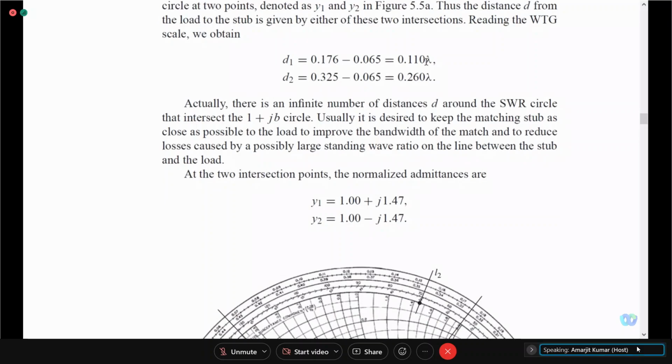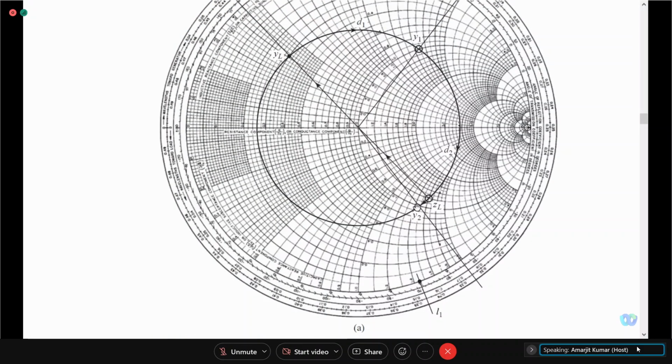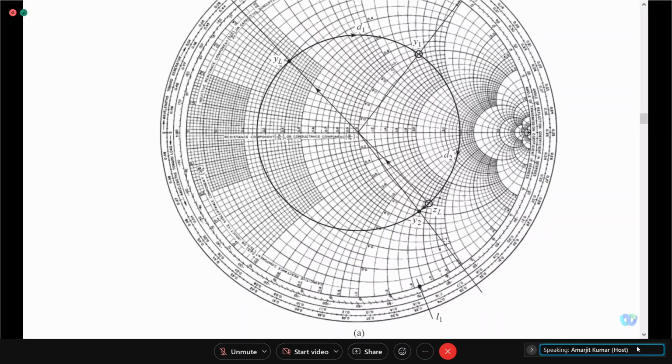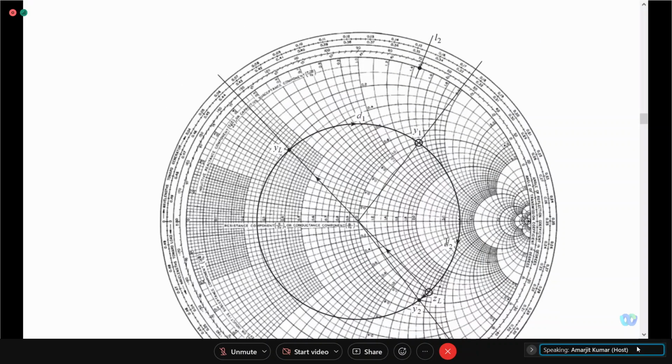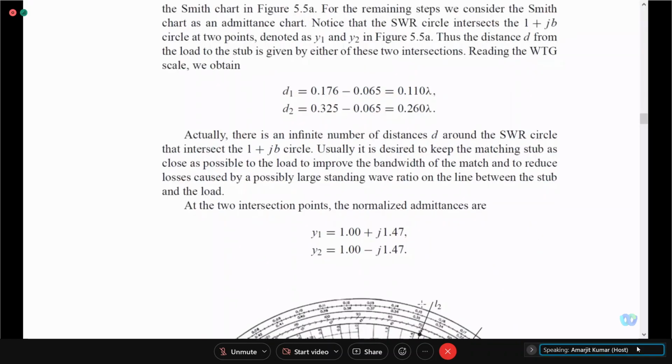What will be Y2? Here is Y2. So how to locate Y2? Y2 here 1.2, 1.4, 1.6, 1.5. So again 1.45, it is minus 1. No problem.